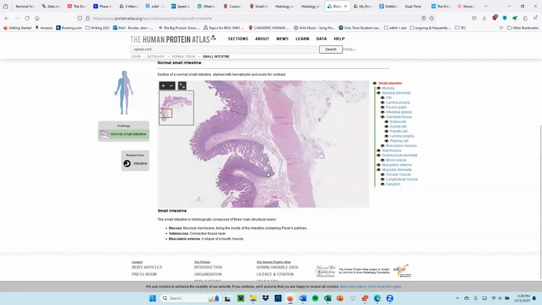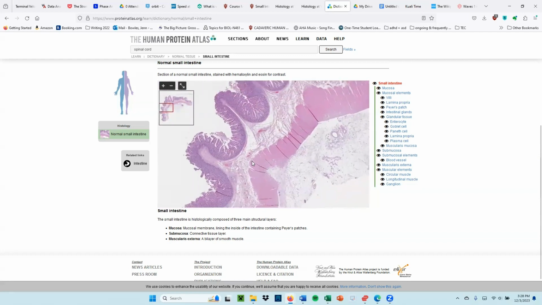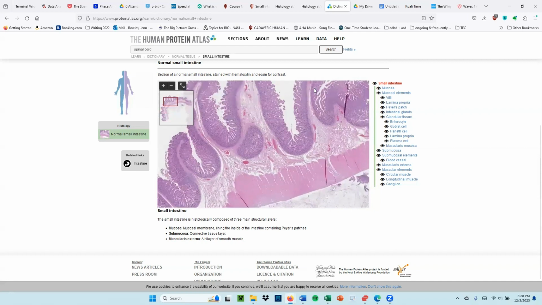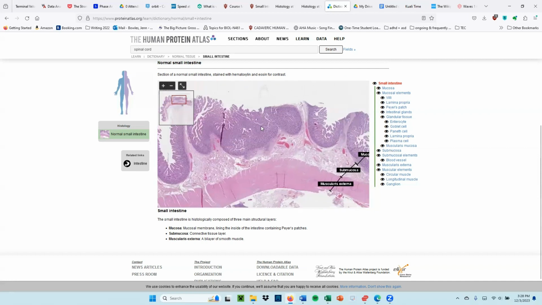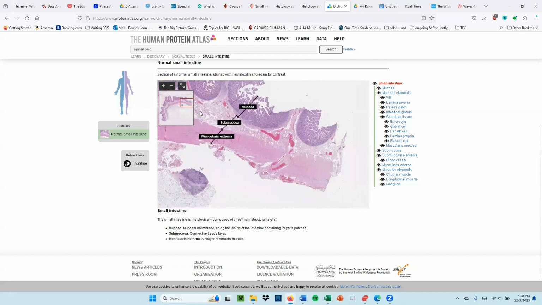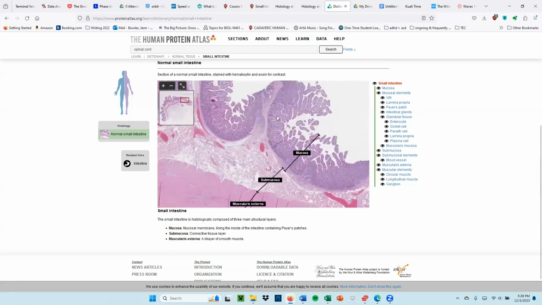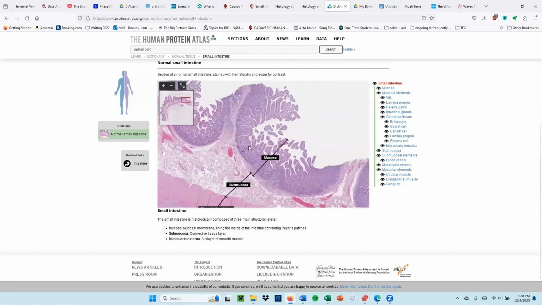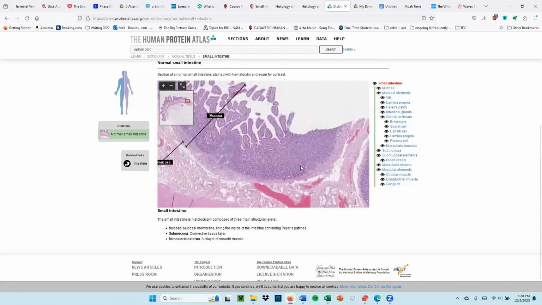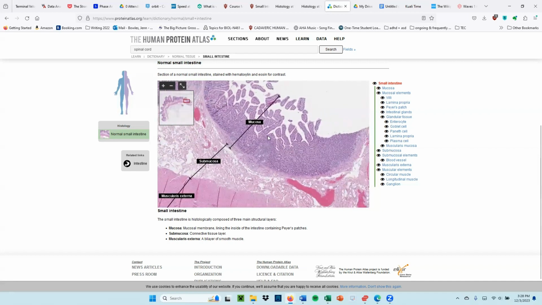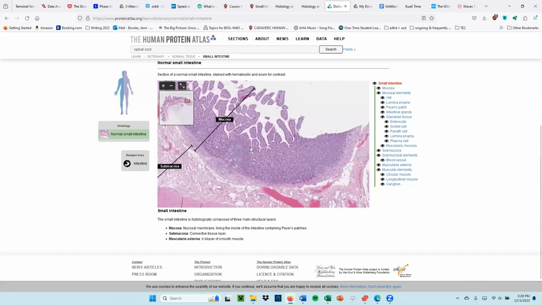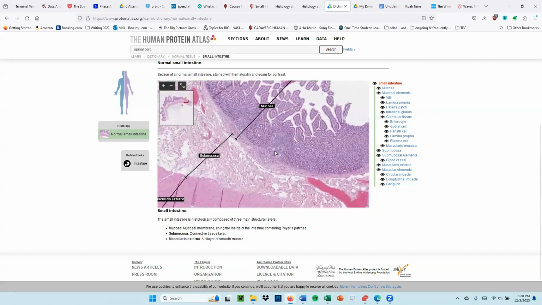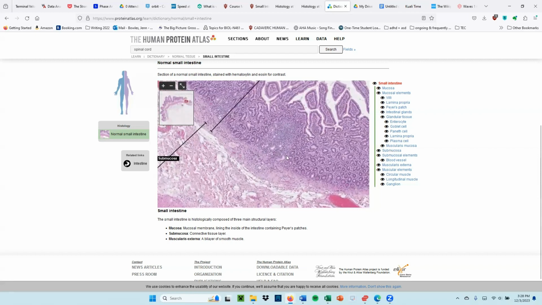We're going to skip over the main part of the small intestine for now and talk about the most terminal portion. And the tricky part will be finding our unique characteristic. Okay, so this is the terminal part. In this, we have Peyer's patches in the ileum.